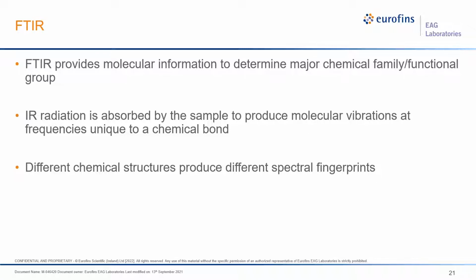Because different chemical bonds have different signatures, all of them together lead to a different chemical structure, which will have a different fingerprint, the spectral fingerprint. From the fingerprint, we can relate back to what kind of chemical it is. EAG has extensive library databases, so we can have a great match.